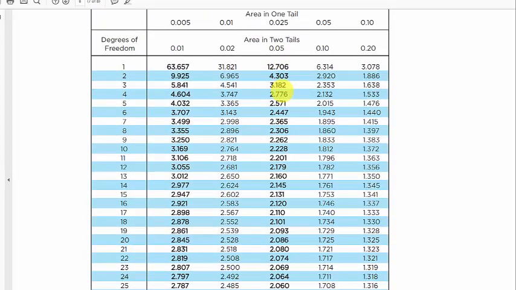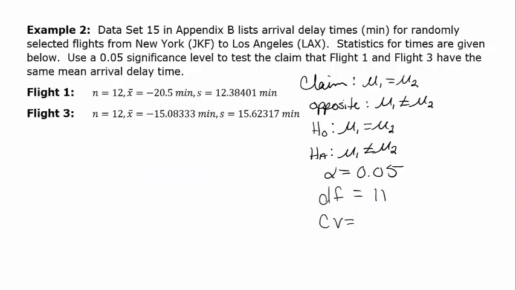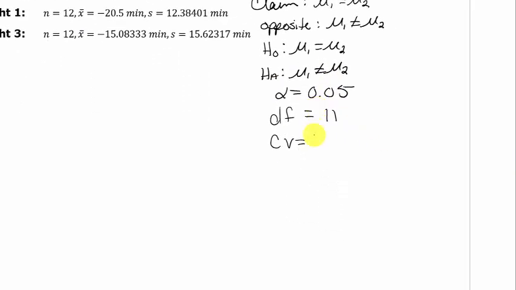We have 11 degrees of freedom. So here's 11 degrees of freedom, and so that gives us a critical value of 2.201. This is a two-tailed test. We want both positive and negative 2.201.